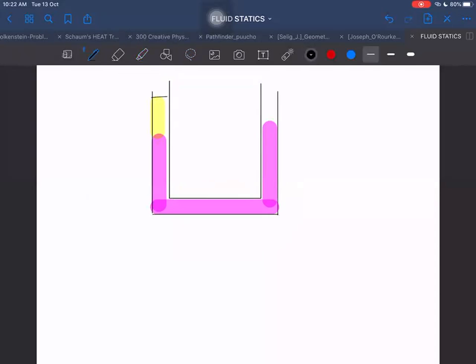This is one question where I am filling it up to 5 centimeters height, not up to the top, just 5 centimeters height. That is enough.